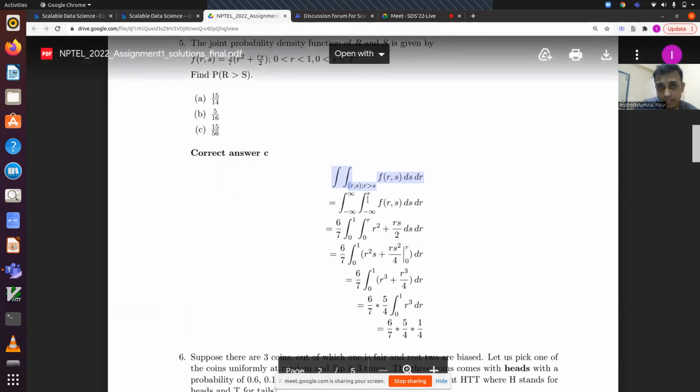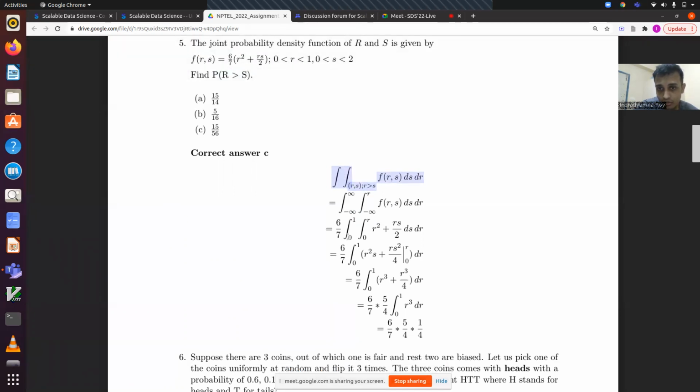Now here it has been mentioned that R lies between 0 and 1 and S lies between 0 and 2, so you don't need to go from minus infinity to infinity. The outer integral is for this R. By default they had minus infinity to infinity, but here they replace it by 0 to 1 because the question tells you that R is always lying between 0 and 1. You do not need to look beyond that.